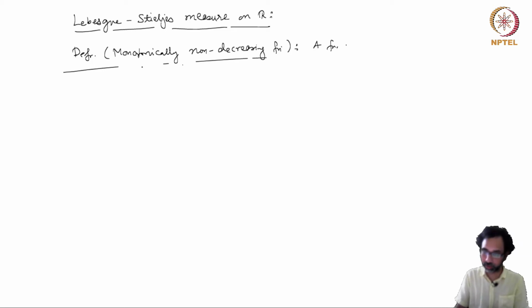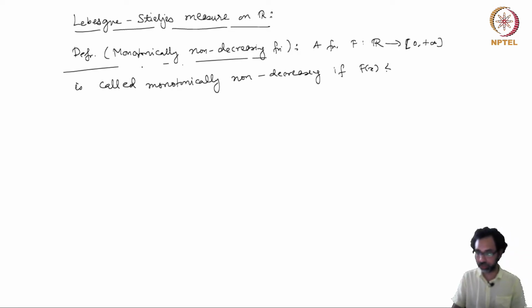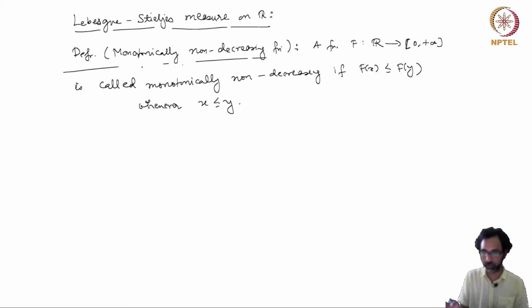So a function f from R to the extended positive reals, rather, is called monotonically non-decreasing if f(x) is less than or equal to f(y) whenever x is less than or equal to y.